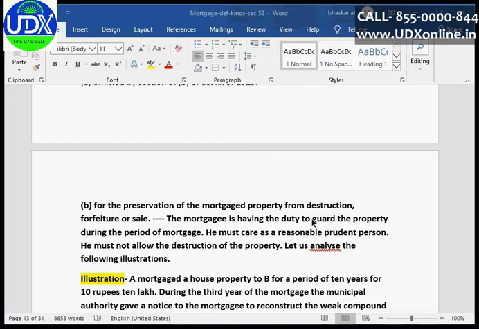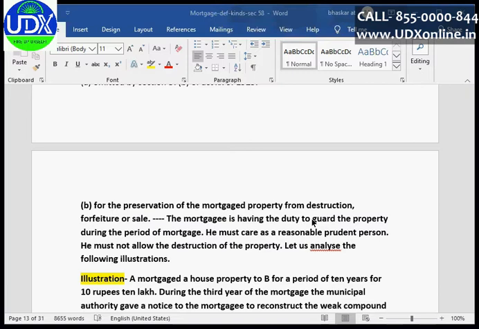Then the mortgager can tell the mortgagee, you please carry out the necessary action and spend the money from your pocket and keep the account, and I'm going to reimburse the amount of money. So, when such a situation takes place, the mortgagee will secure the right to spend the money for the protection of that property.